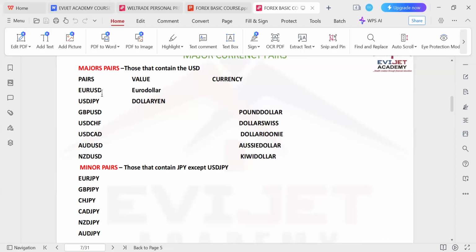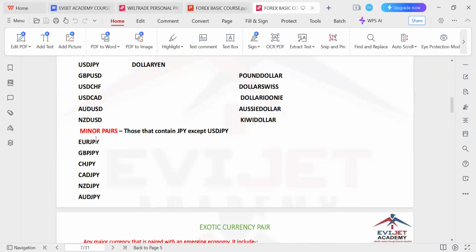Every other major currency that is paired with the JPY, the Japanese yen, is termed a minor pair. So now we have the Euro JPY, GBP JPY, CHF JPY, CAD JPY, NZD JPY, and AUD JPY. So these are the minor pairs.